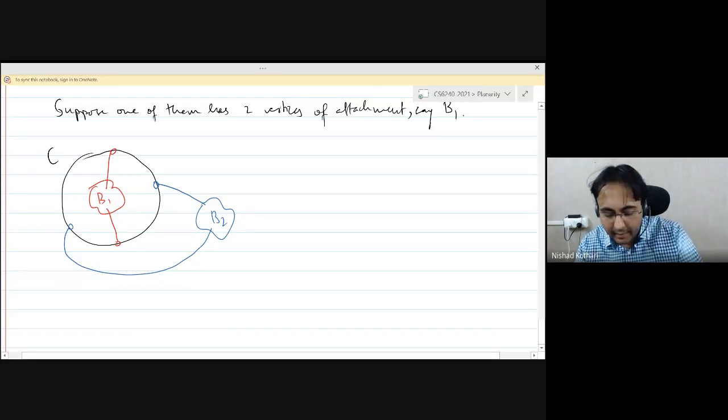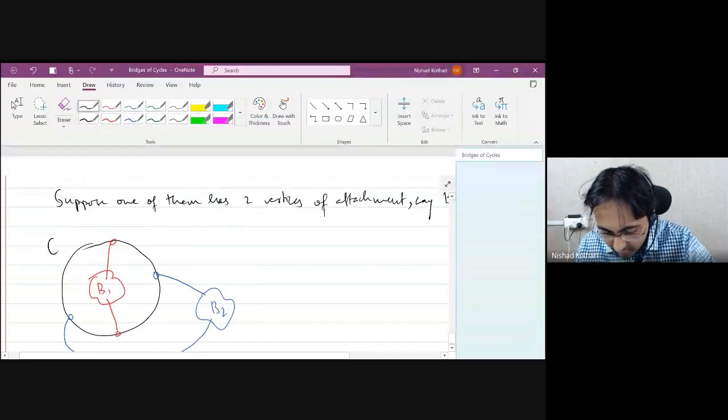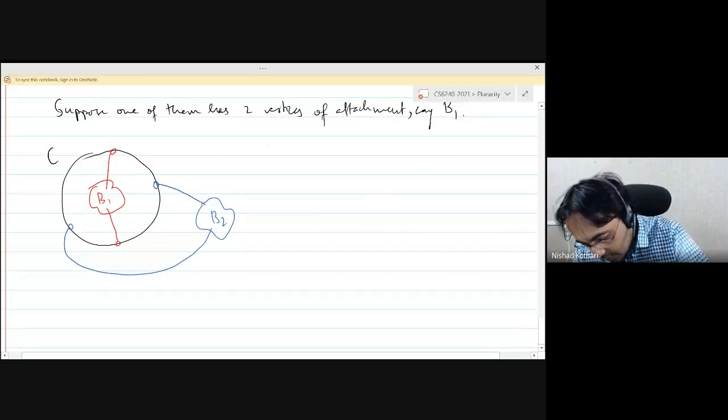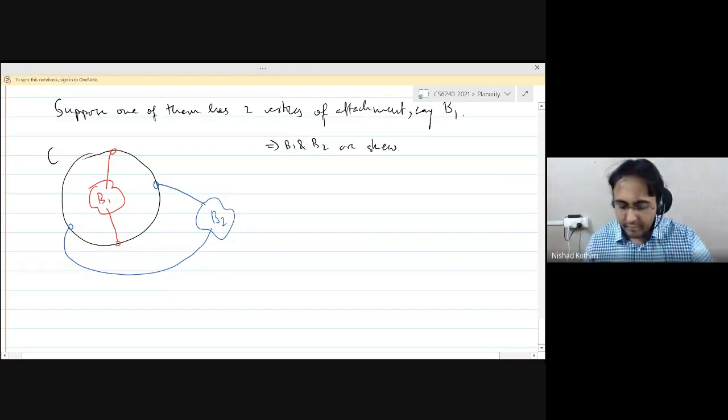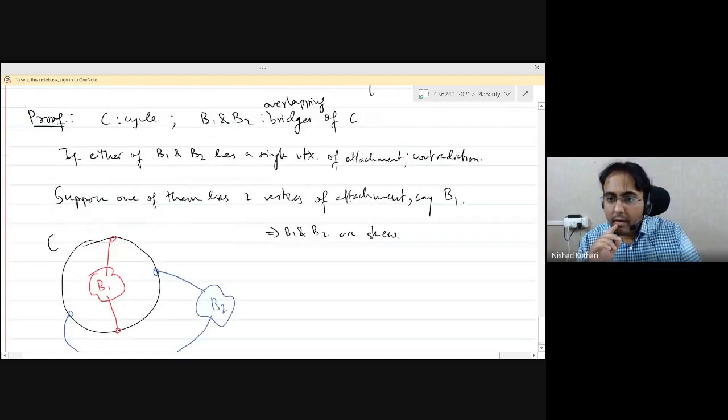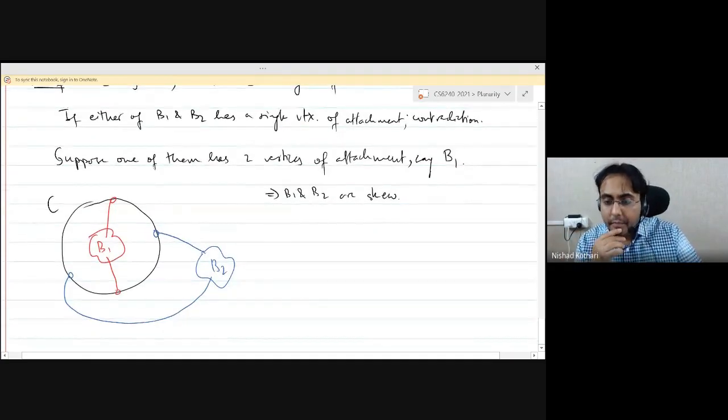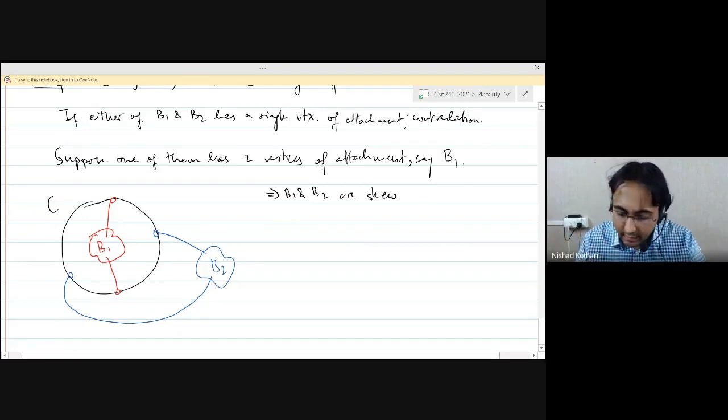And in this case, they are skew bridges, right? So in this case, B1 and B2 are skew. Okay, because they overlap, this must be the situation. Okay, so now we can assume that they both have at least three vertices of attachment, because if one of them has two, then we are done, right?